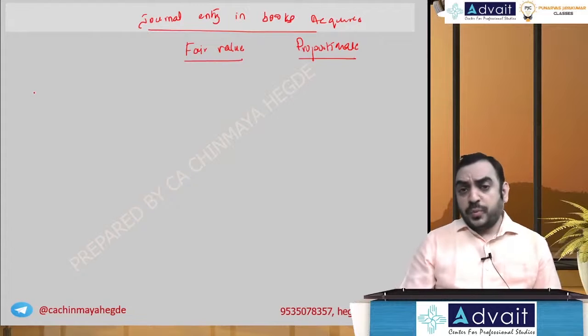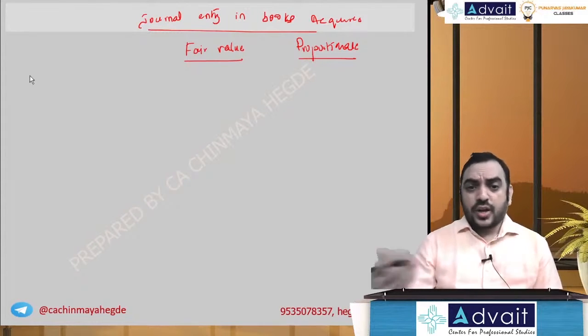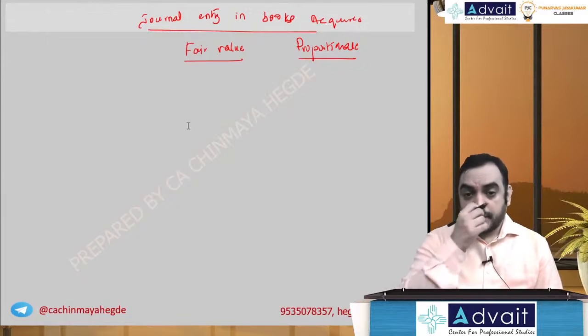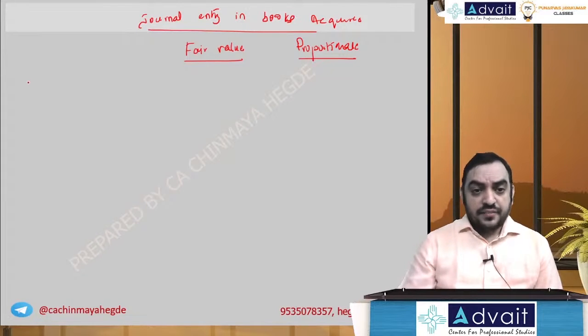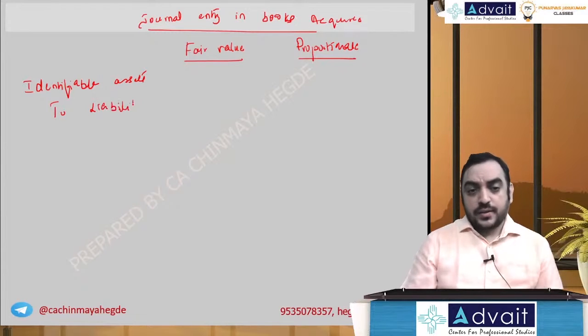Okay, so what is going to be debited? Whatever the assets acquired, or I think I can write assets and liabilities separately. That is identifiable assets to liabilities. This is net asset acquired.